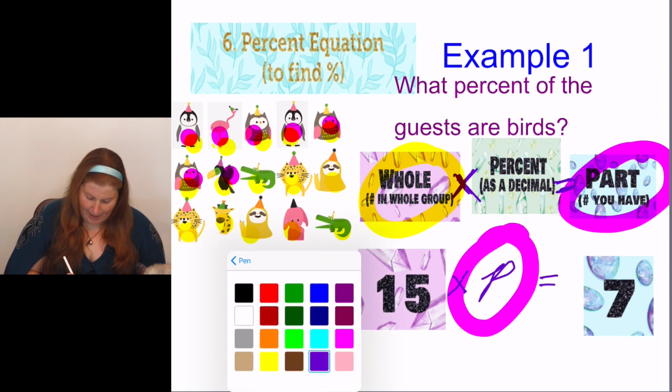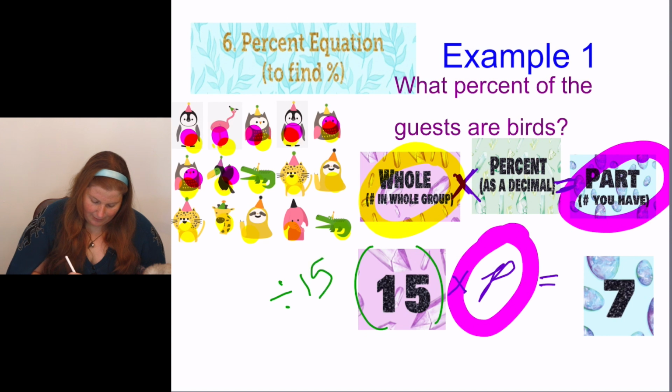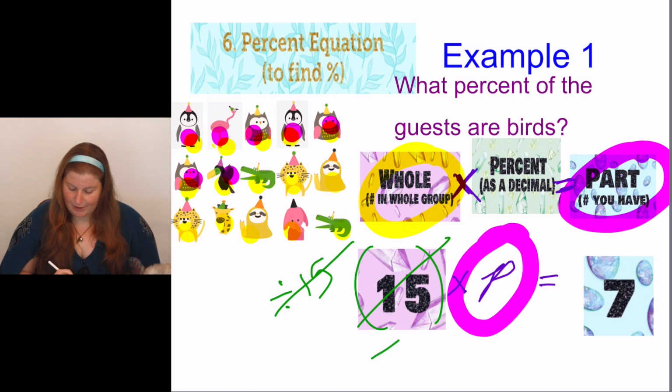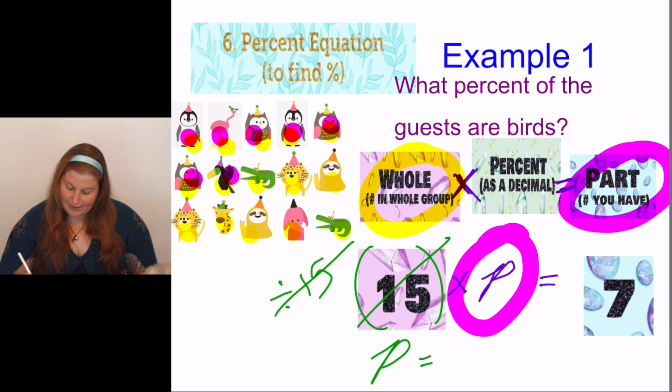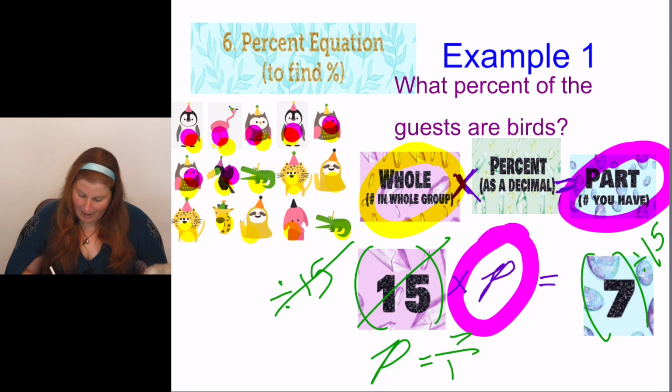So I'm going to divide this side by 15. 15P divided by 15 is 1P. So those two cancel each other out, and on this side I have just P. And when I do 7 divided by 15, I get 7 over 15.